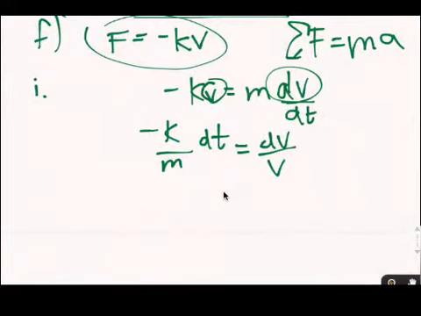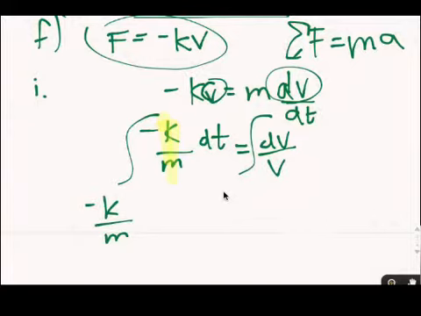So I move stuff around to get the same type of terms on the same side. Now we're going to integrate both sides. Remember that with the integral of a constant, you just pull out the constant. So that's just negative k over m. And then there's no t in here, so basically you have t to the 0.